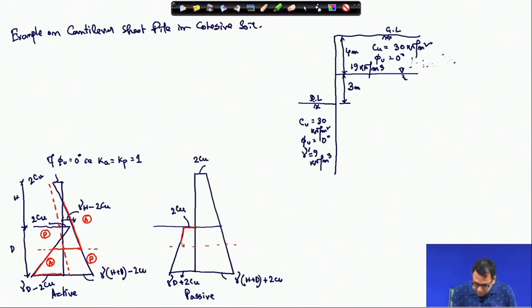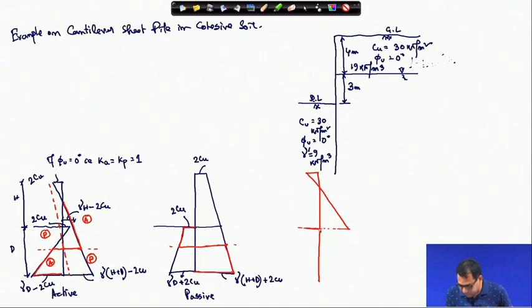So, my diagram here is this one, this is the passive pressure diagram. So, my net pressure diagram will be this one.